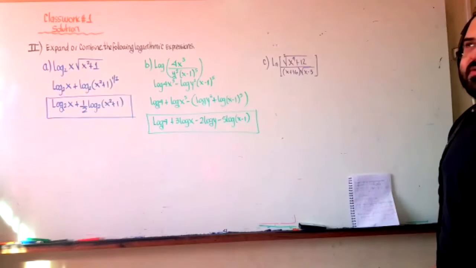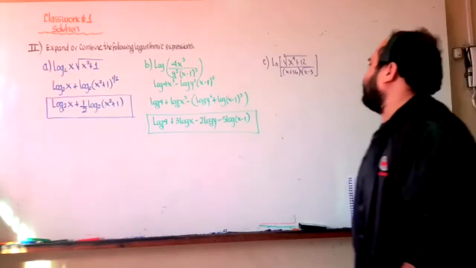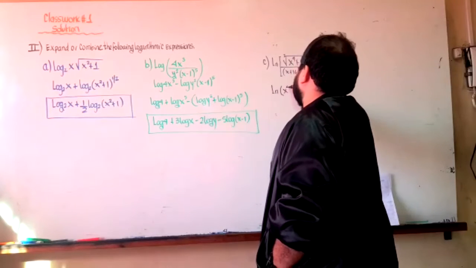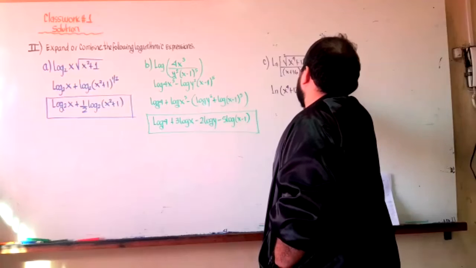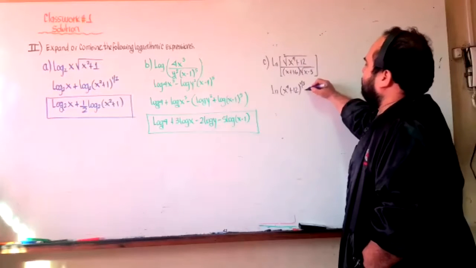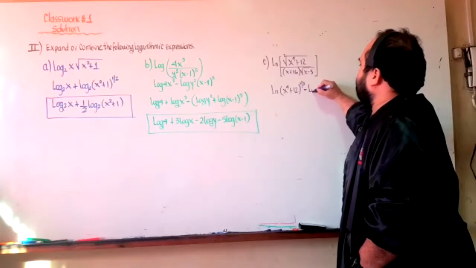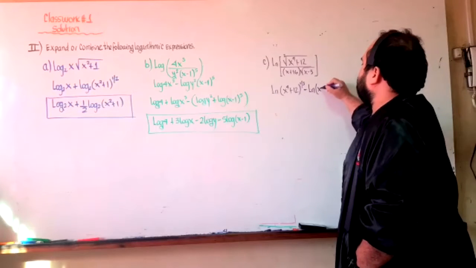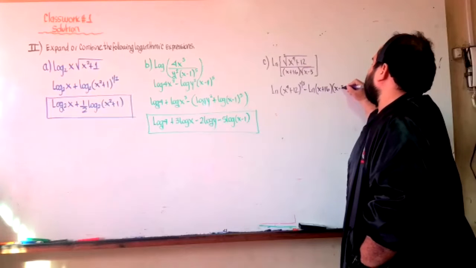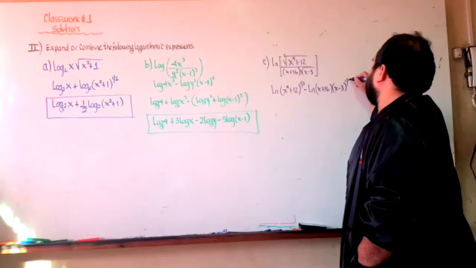And remember, the roots can be written in exponential form. For example, in the first one, natural logarithm of x to the fourth power plus 12 elevated to 1/3. Subtracting natural logarithm of x plus 16 times x minus 3 elevated to the 1/2 power.